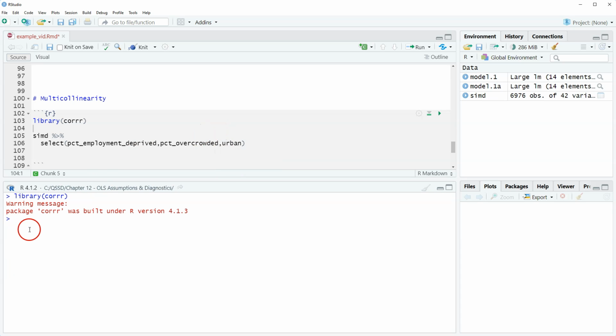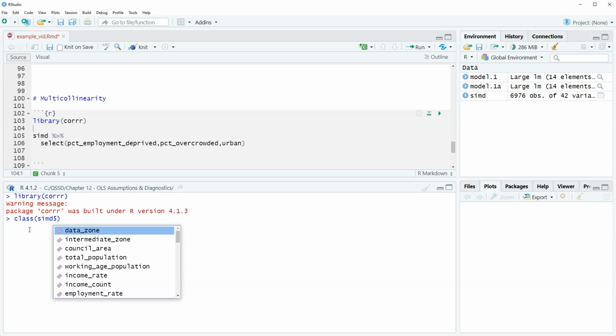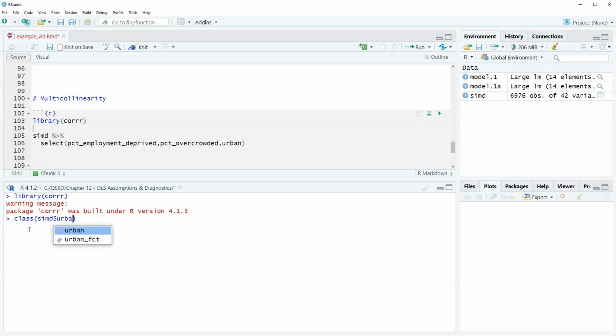To use correlation, our variable needs to be numeric. Let's just check real quick here. I don't think it's going to work if we use urban factor. Yeah, it's a character because we labeled it, right? So we're going to use urban. It's the exact same information. It's just that it's 0 and 1 instead of rural and urban. Okay, so those are our three predictors.